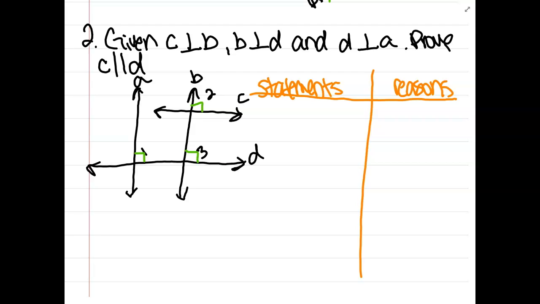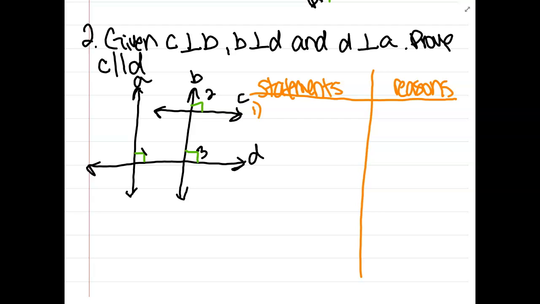The first statement, we kind of already know what it's going to be. It's going to be the given, but here's the thing. You may not need all of this. It's not necessarily wrong if you write it all, but if it's not necessary, it'd probably be better to not write it. If I'm trying to prove that C is parallel to D, I don't really have anything to do with A. I don't think anyway.